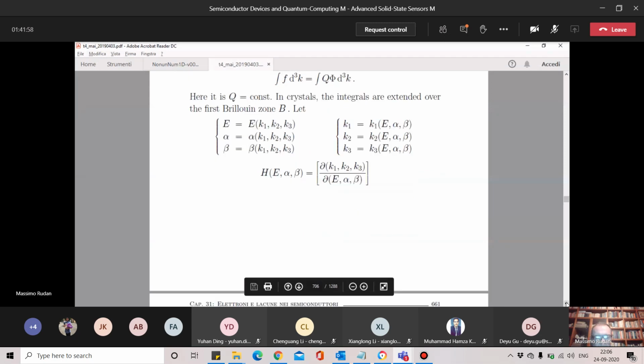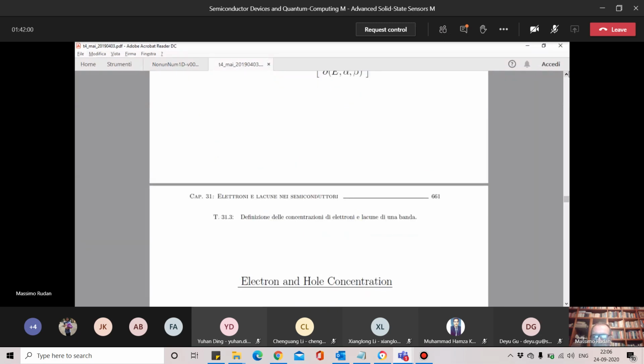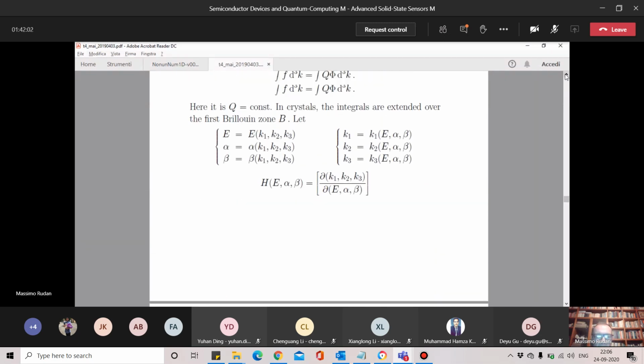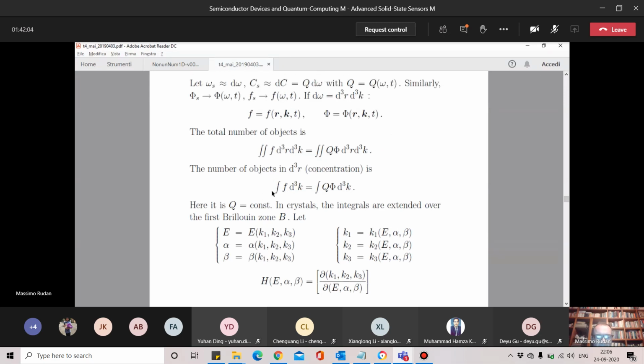Then you calculate the concentration. Remember, the concentration, you see it here, is the integral of F over K alone, and F can be written as Q times phi, and phi is a probability.